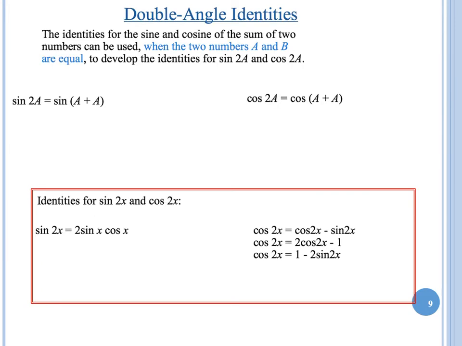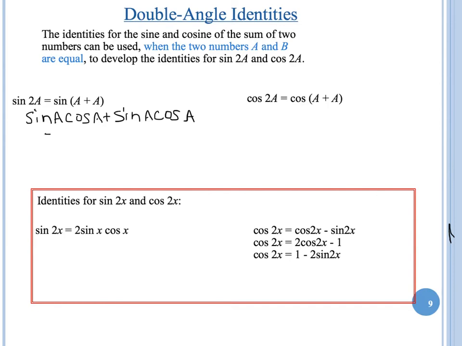Now there's a couple of identities that are known as double angle identities, and we're looking at how they come about. So if I have the sine of alpha plus alpha, I'm using my addition formula, which lets me take the sine of alpha cosine of alpha, and add the sine of alpha times the cosine of alpha.